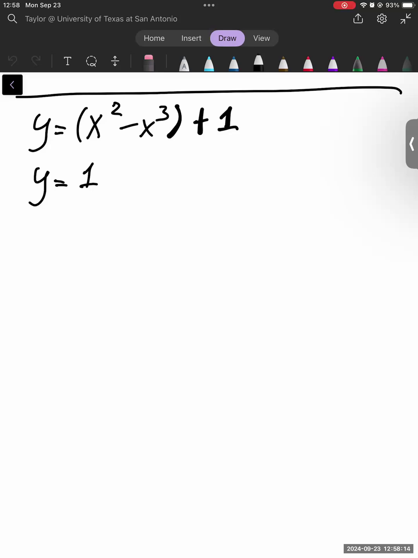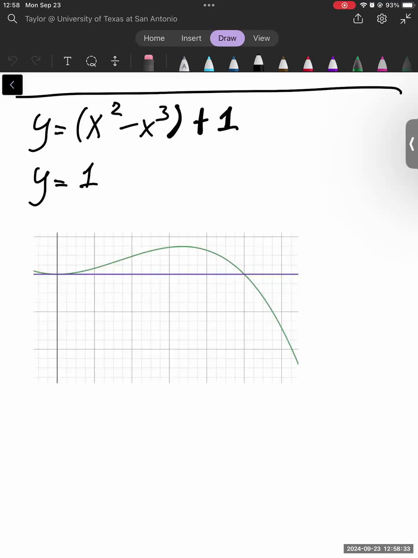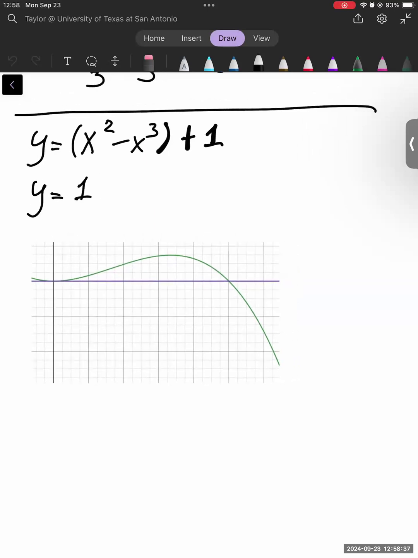Bianca, Victoria, we good? Cool. So you're gonna get something that looks like this. It should move in a second. There we go. All right. So this is the function that we're dealing with.